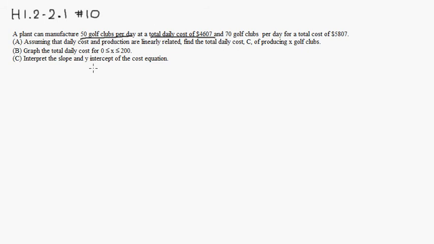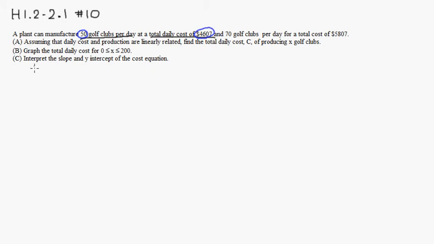$4,607. So we can actually think of it as a point. 50 is basically the X value, and 4,607 is a Y value, or in this case it's a cost, so maybe I should call it a C value.